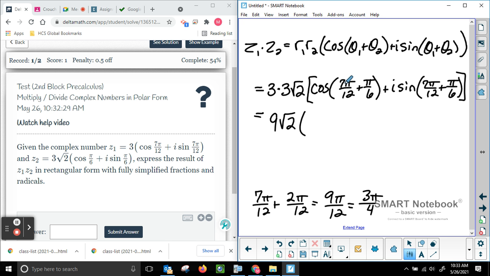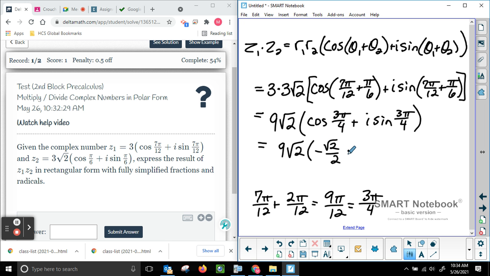So this will be the cosine of 3 pi over 4 plus I times the sine of 3 pi over 4. Looking at our unit circle, the cosine of 3 pi over 4 is negative square root of 2 over 2, and sine of 3 pi over 4 is positive square root of 2 over 2. Of course, we still have our I there.